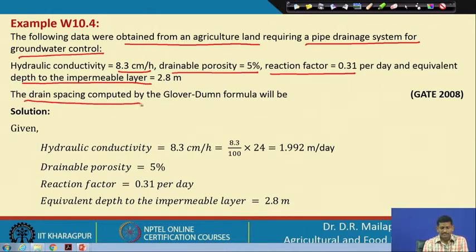The drain spacing computed by the Glover-Dumm formula is what we need to find out. You remember the Glover-Dumm equation for unsteady state flow we used. Hydraulic conductivity is given 8.3 centimeter per hour.